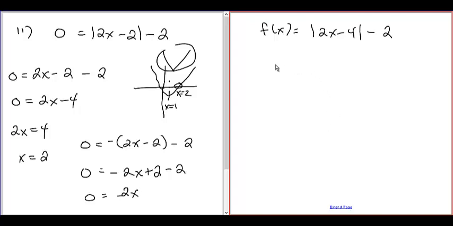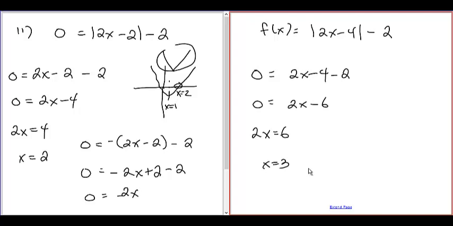So one solution would be to make this positive. So we just remove the absolute value signs. So we get 0 equals 2x minus 6, 2x equals 6, x equals 3. So that's the one solution.